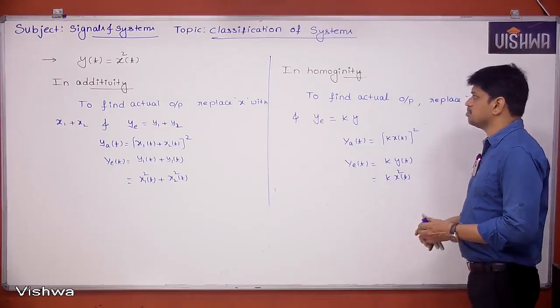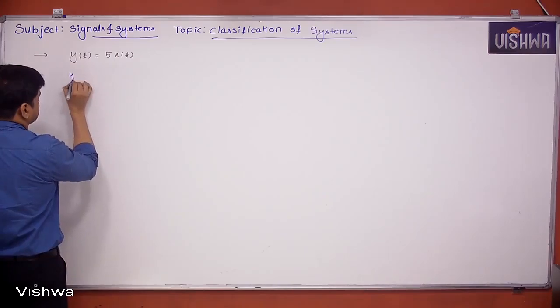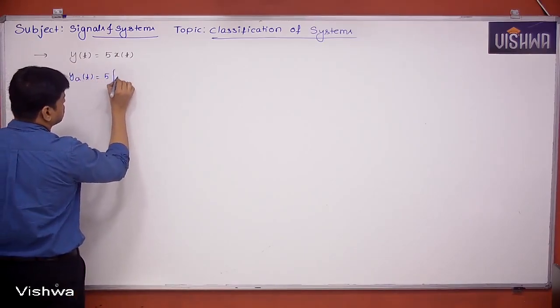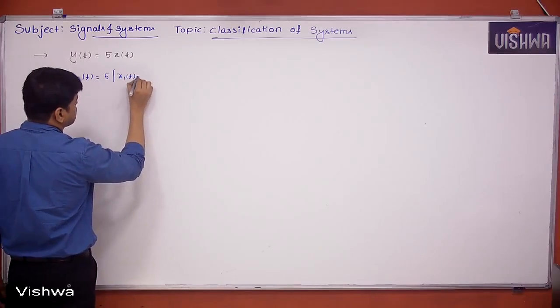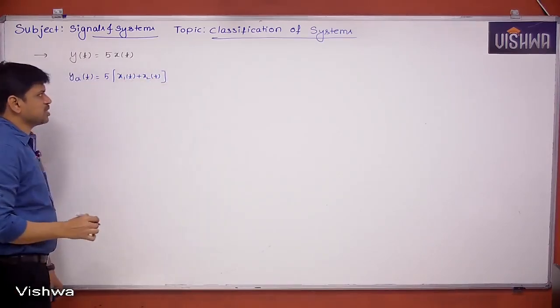Okay, take it. Additivity I am checking. Actual output is equal to 5 into x1 of t plus x2 of t. That means simply I am replacing x with x1 plus x2.